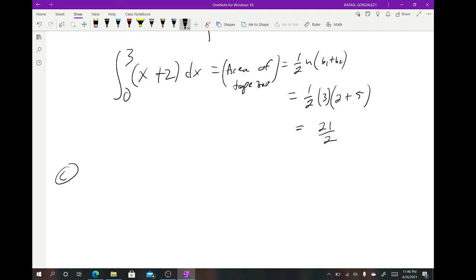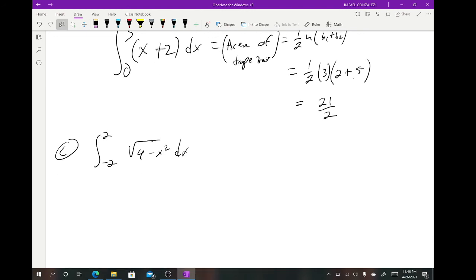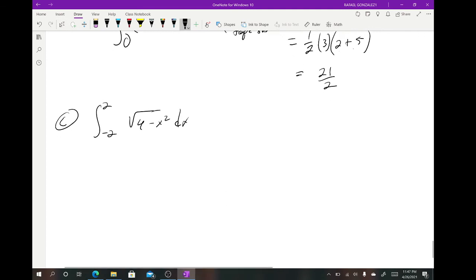Let's say somebody comes up to you and gives you the following: the definite integral from -2 to 2 of the square root of 4 minus x squared dx. Now, for the untrained eye, this will look like a radical function, but when you see something like this, you should know that this is the equation of a semicircle.